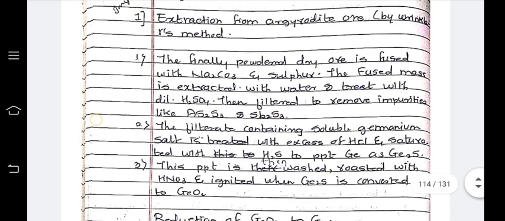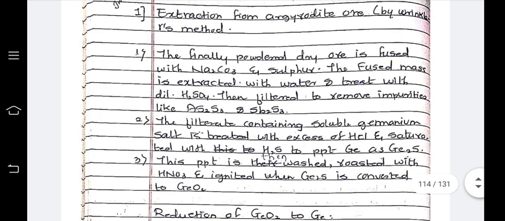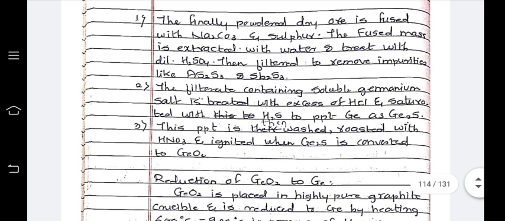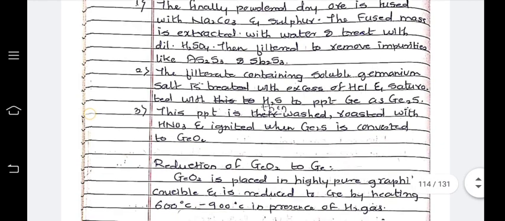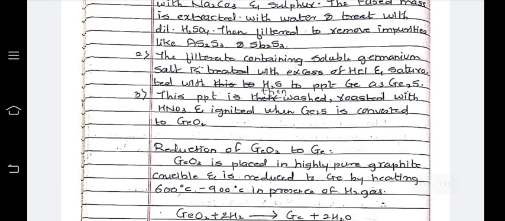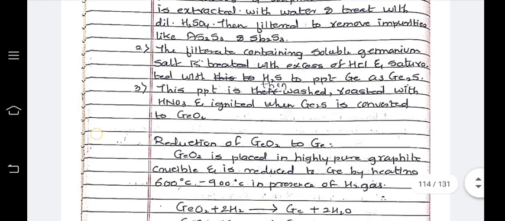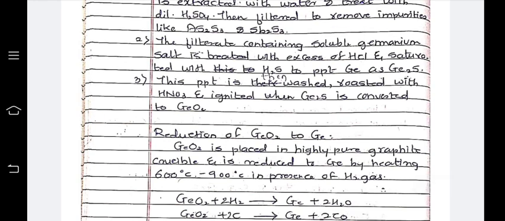Extraction from argyrodite ores. The finely powdered dry ore is fused with Na2CO3 and sulfur. The fused mass is extracted with water and treated with dilute H2SO4.